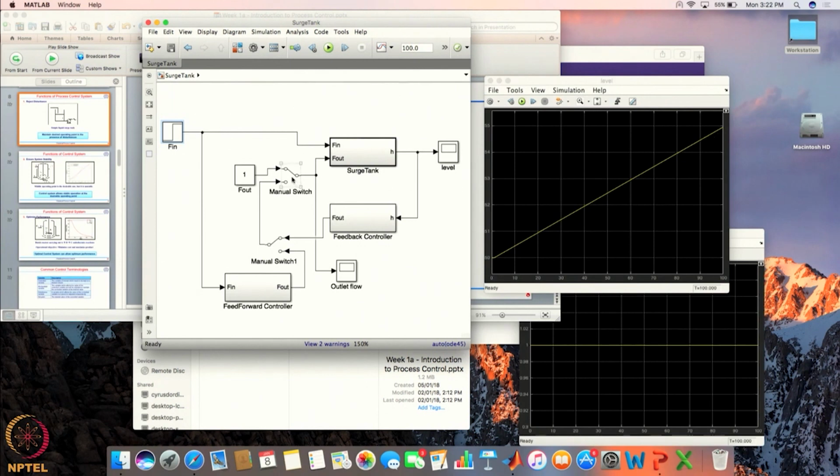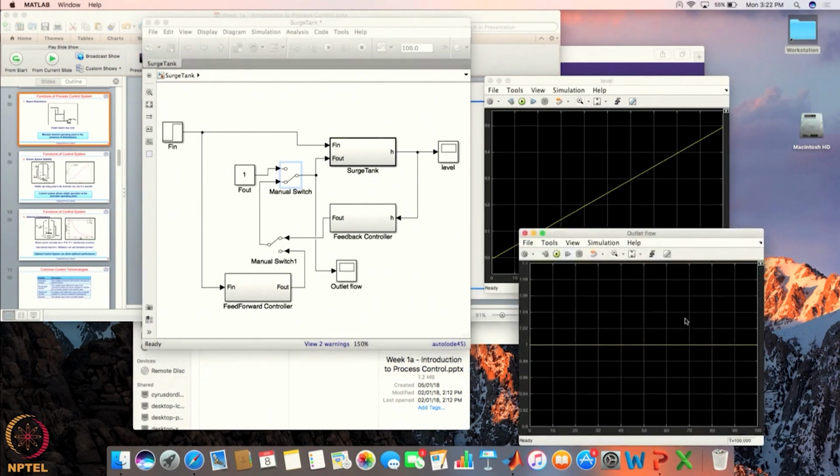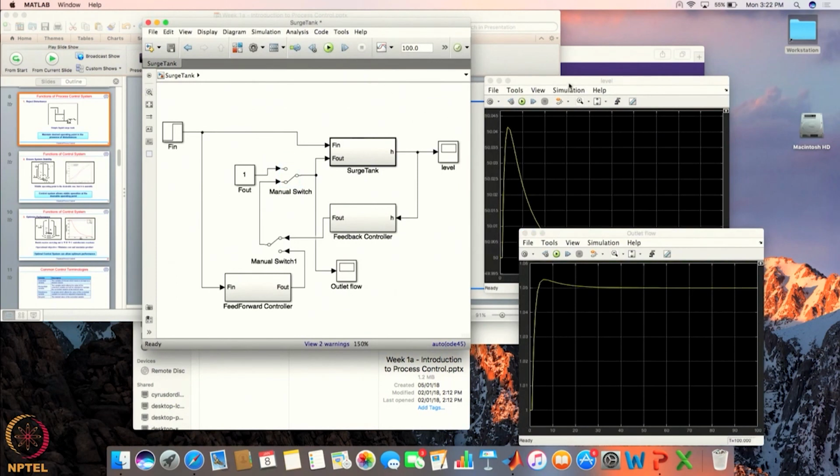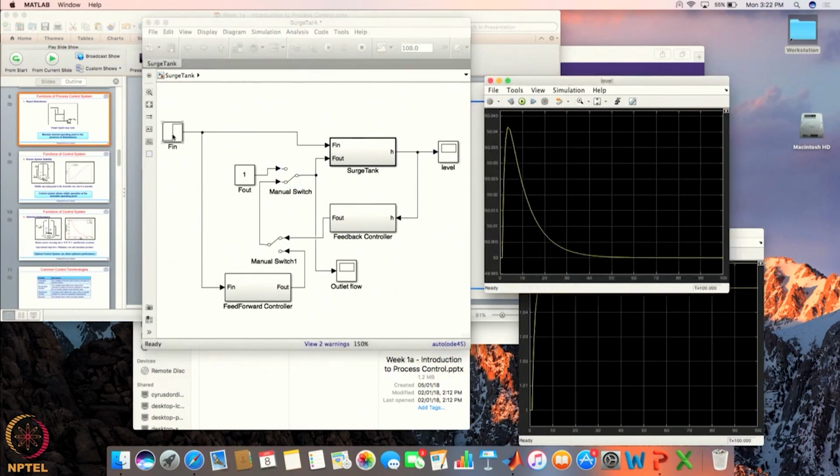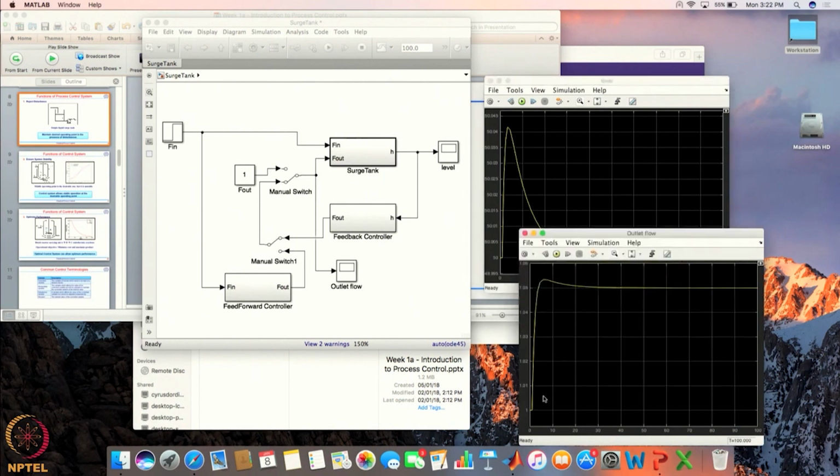But if you have some control system, so if I start the control system which is measuring the height inside the tank and accordingly changing the outlet flow rate in response to the changes in height, and if I run this system, what you can see is that even though the inlet flow rate has changed by 5%, the control system is able to maintain the height at the original design value of 50%, and this is done by accordingly increasing the outlet flow rate also by 5%.